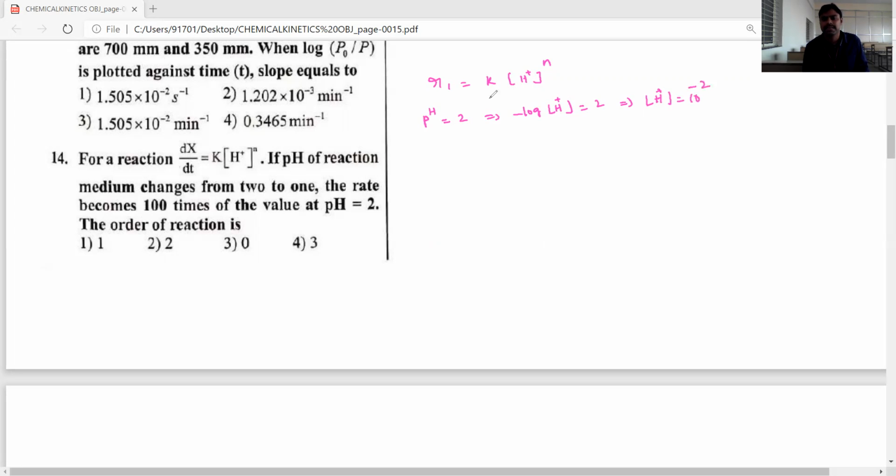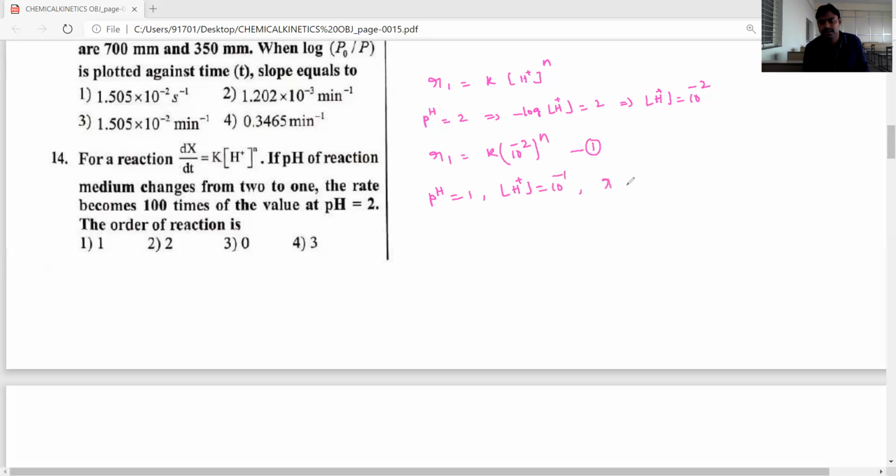In that case R1 is equal to k into 10 to the power of minus 2 whole to the power of n. This is equation 1. If pH is changed from 2 to 1, then the concentration of H plus ions is equal to 10 to the power of minus 1.